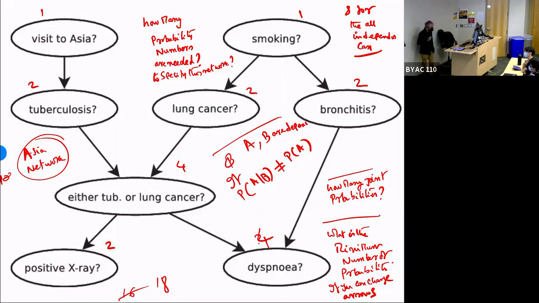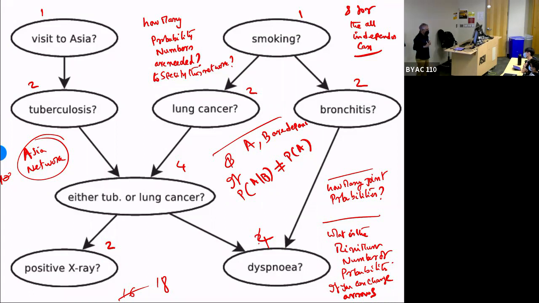Okay. So essentially the more the arrows, the more the dependencies. The fewer the arrows, the fewer the dependencies. And then we'll talk about a formal way of saying whether a set of variables is independent of another set of variables given a third set of variables.